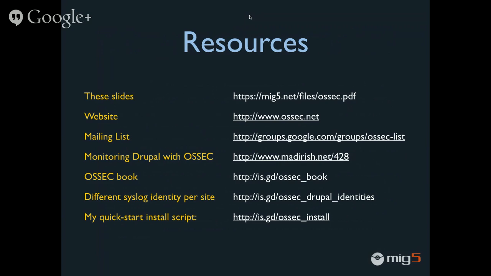For a while, every site had a completely unique name, and then it made no sense to have duplicate rules in OSSEC for the same thing, just matching on a different program name. So all my rules match on Drupal, starts with Drupal something, when it's a syslog watchdog message. And that's just my install script, which expedites some of the default process.